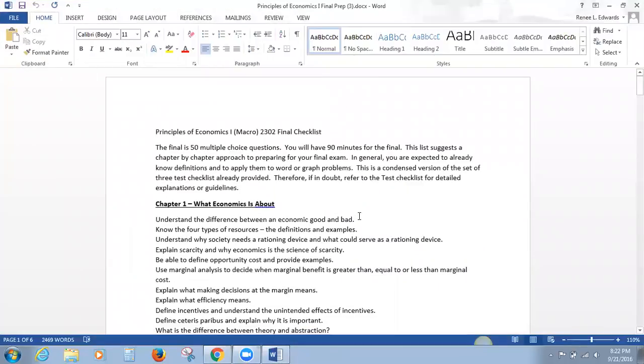Know good and bad, understand why we bother to even use rationing devices. In the United States, we use primarily the price mechanism as a rationing device to determine who gets what because resources are scarce. Make sure you understand what resources are. That would be land, labor, capital, and entrepreneurship. You put these resources in a box called production, and they spit out basically a good or a service.